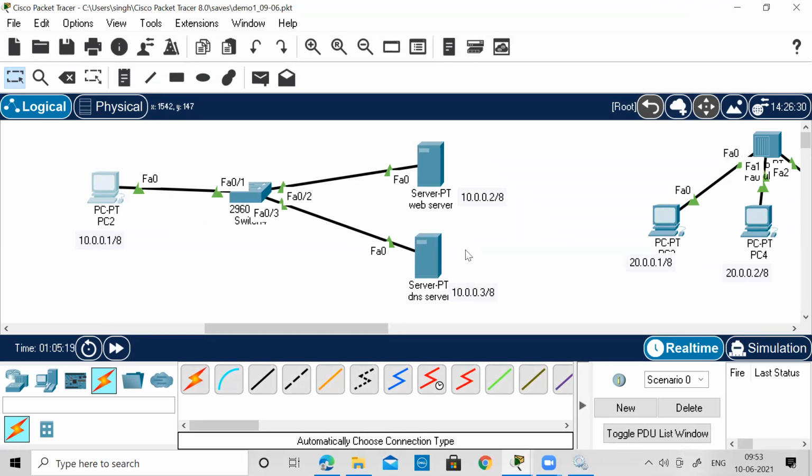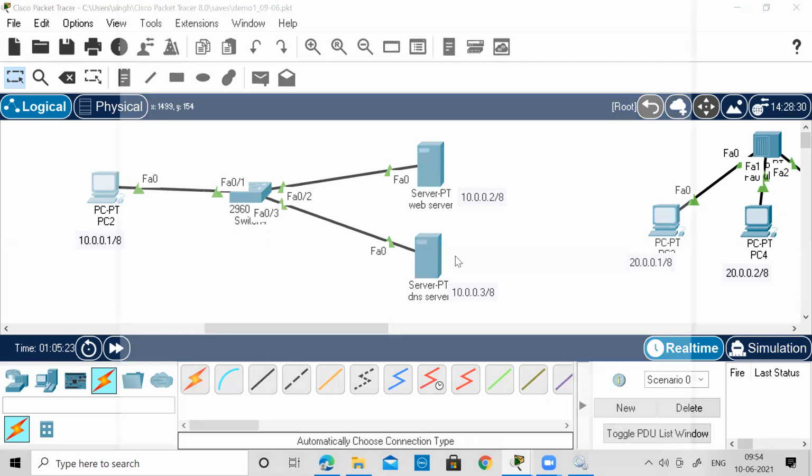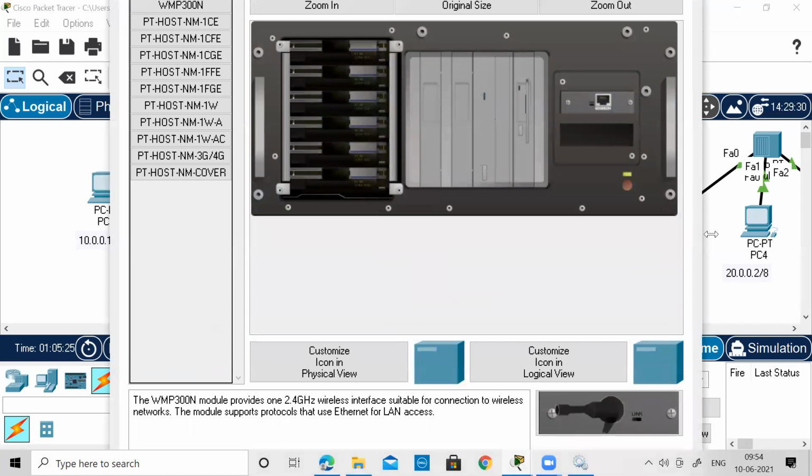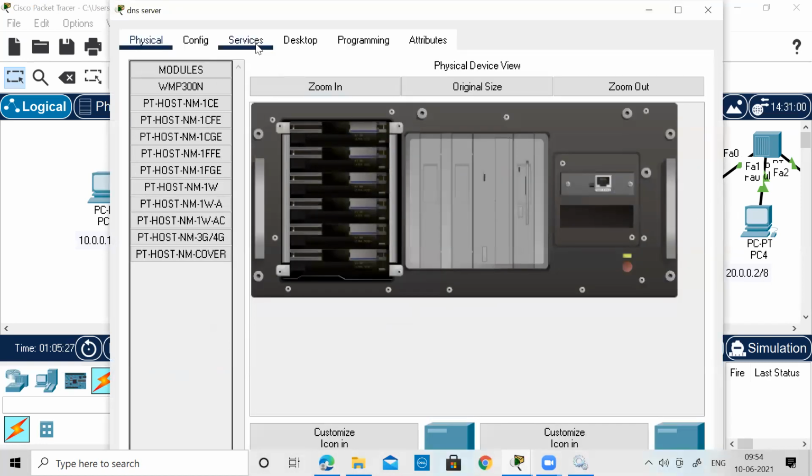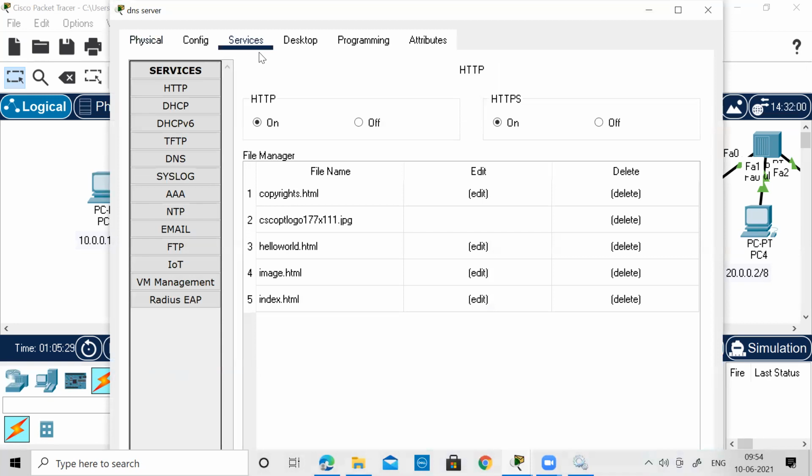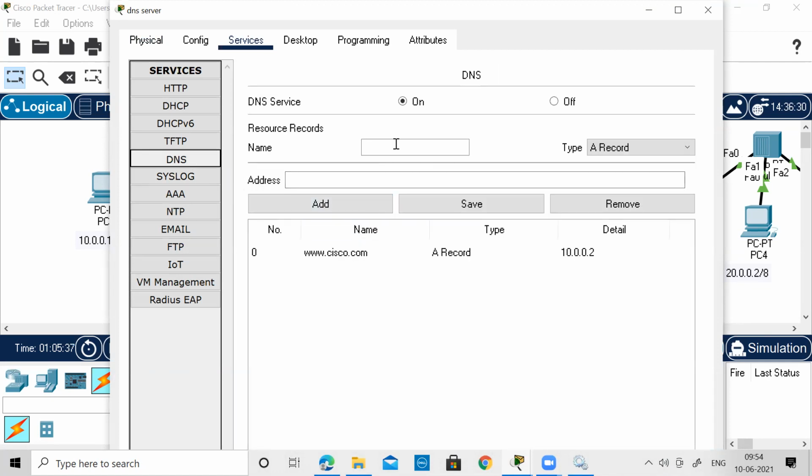Once they have the domain name, you can take up one more server which will act like your domain name resolver, which is going to resolve the name to an IP. Because human beings can understand names, but computer networks cannot understand names. They need an IP to understand it. So you go to the DNS and add the name. I added the name cisco.com.